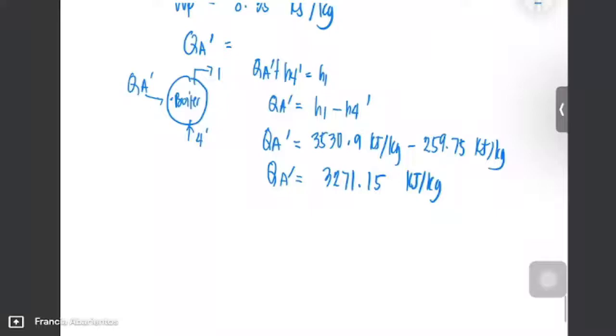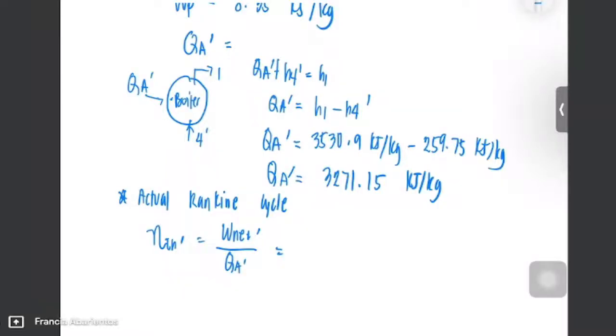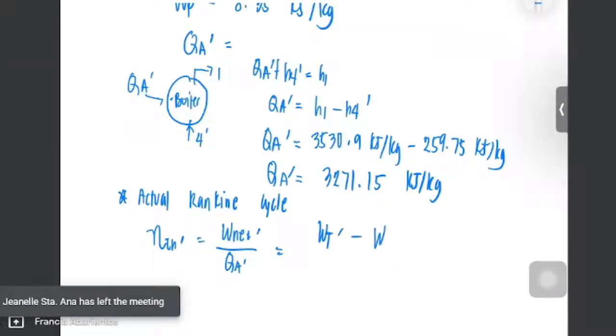Finding for the, in an actual Rankine cycle, we compute now for the actual thermal efficiency. So you go to the work net over the heat added, work of the turbine minus work of the pump, over actual heat added.